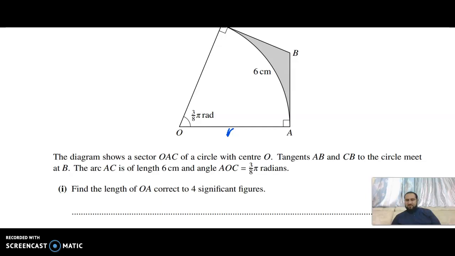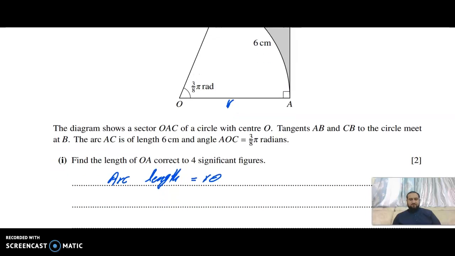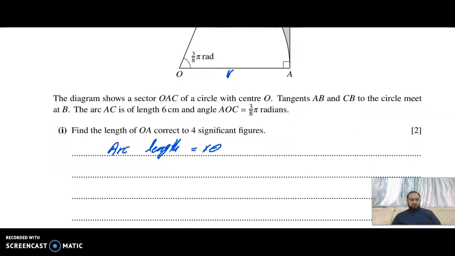So now we have the angle and we know the arc length, so we can use the formula for arc length. So arc length is equal to r theta. So arc length 6 is equal to r, which is OA, times 3 by 8 pi.